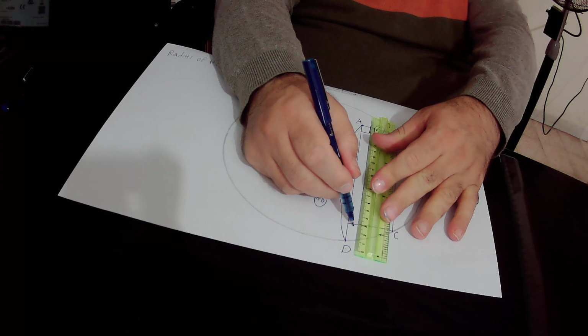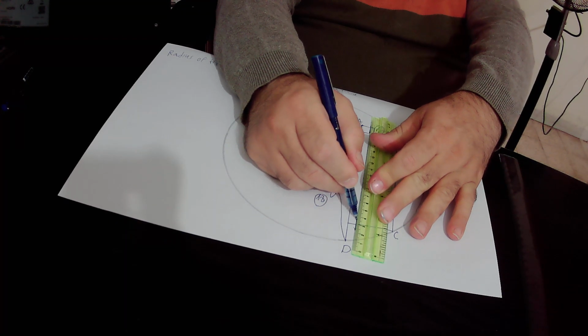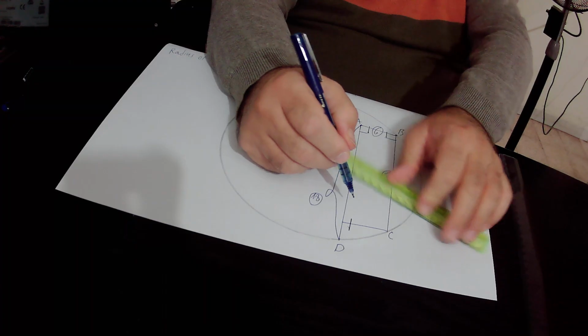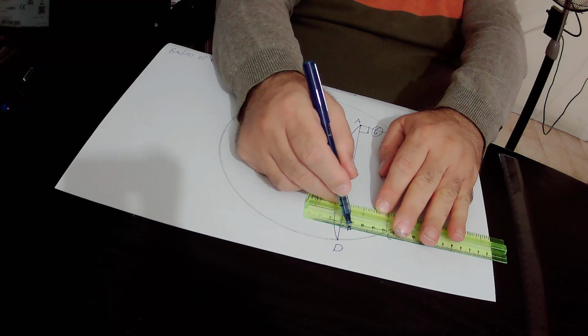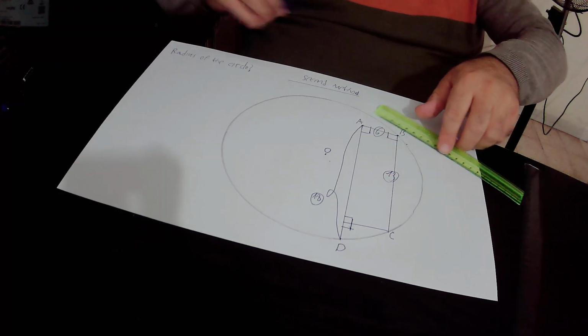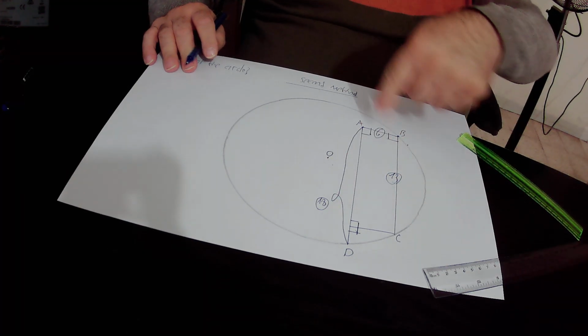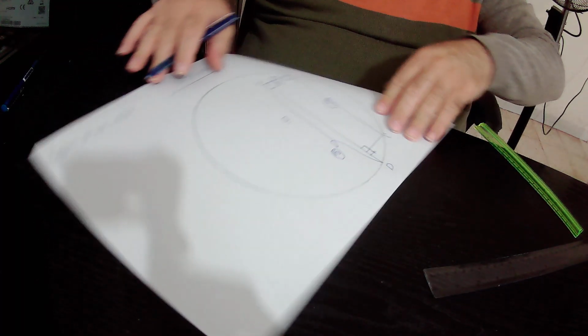So this angle equals 90 degrees, and this angle equals 90 degrees according to our construction. We will define the touching point of the perpendicular from point C and AD as E.